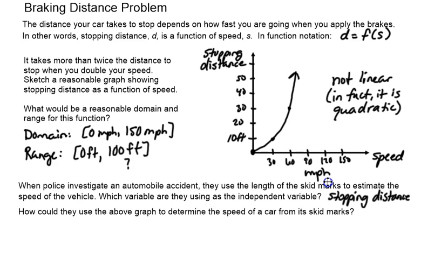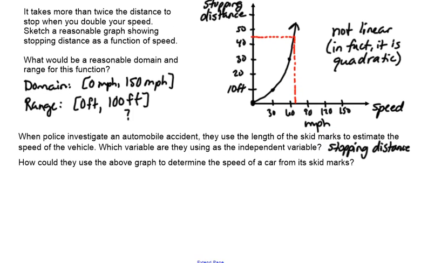So they would measure the skid marks. Okay, so maybe they see that the skid marks are 45 feet long. So they would take these 45 feet long skid marks, use the graph, go down, and say, oh, this guy was going like 65 miles an hour. Now, that would probably be fine if they were on the highway, but if they were on a road where the speed limit was 40 miles an hour, then they would have been speeding.